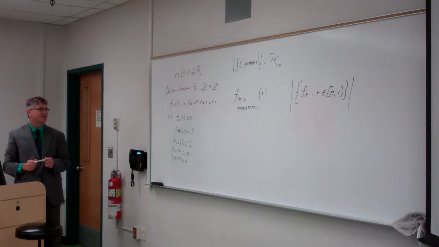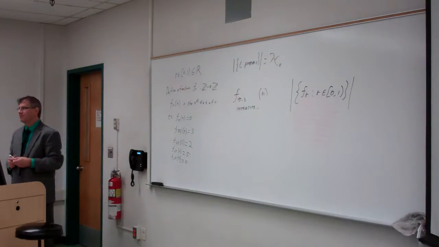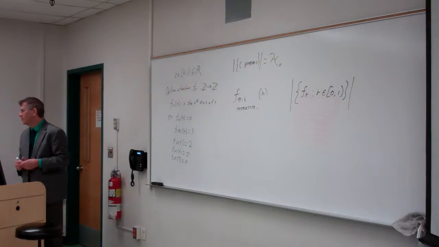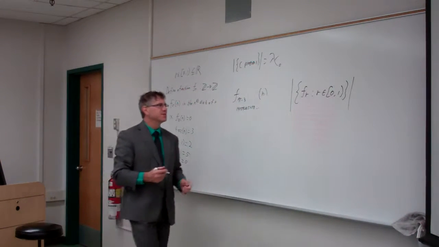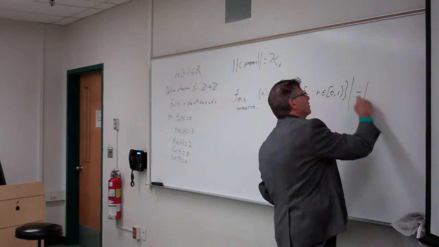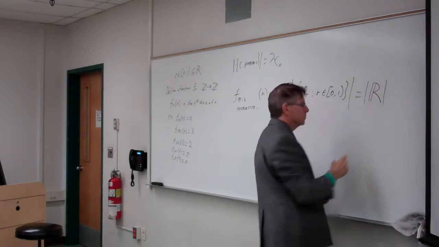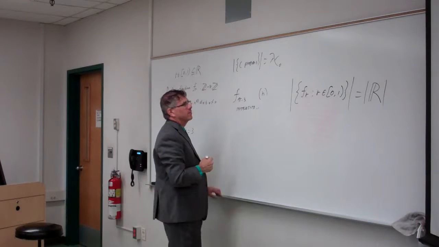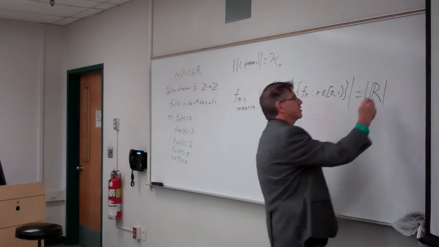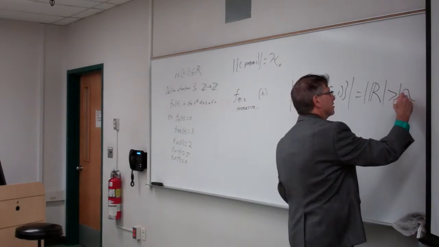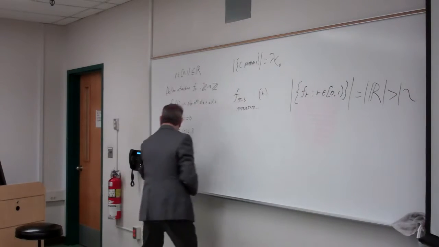For any real number r, I have a function f_r, which means the cardinality will also be the cardinality of all real numbers. And this has the cardinality of the real numbers, which is bigger than the cardinality of the integers. It's bigger than aleph naught.